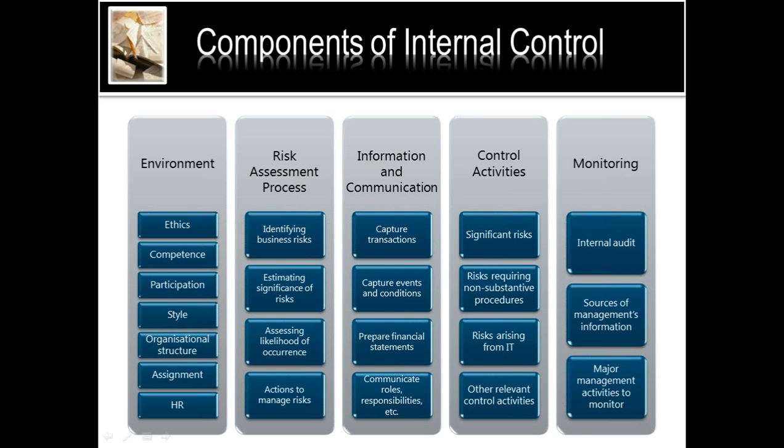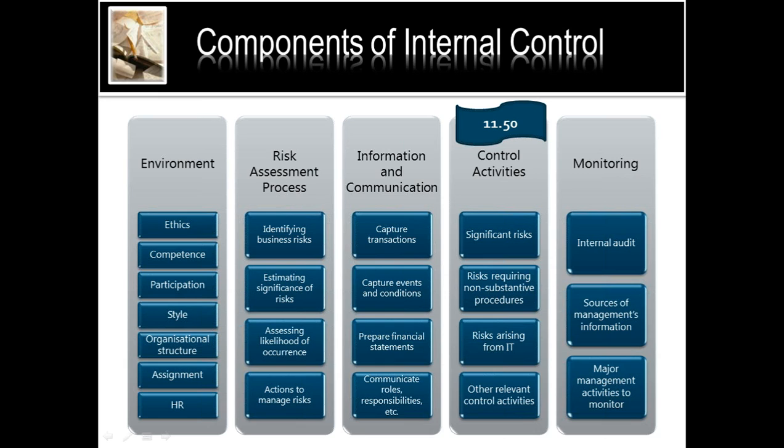This slide shows the 5 components of internal control. This is theory from the ISA, but then also from the COSO framework. Don't worry, I'm not going to start lecturing you on all the topics. I just want to point out that there are 5 parts, and the one part is the part we always look at.